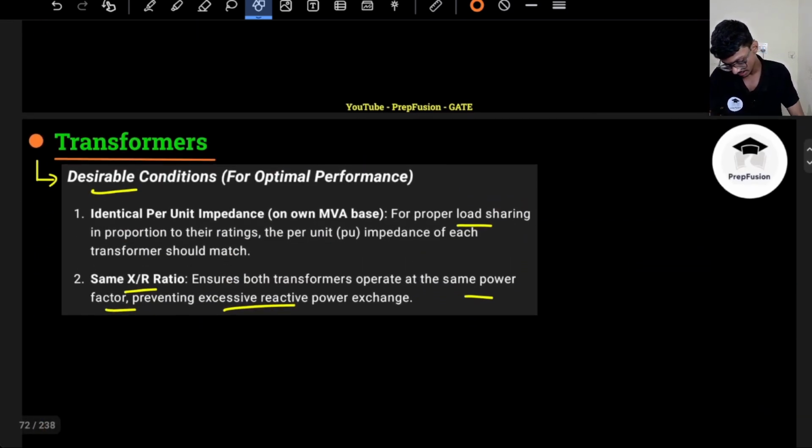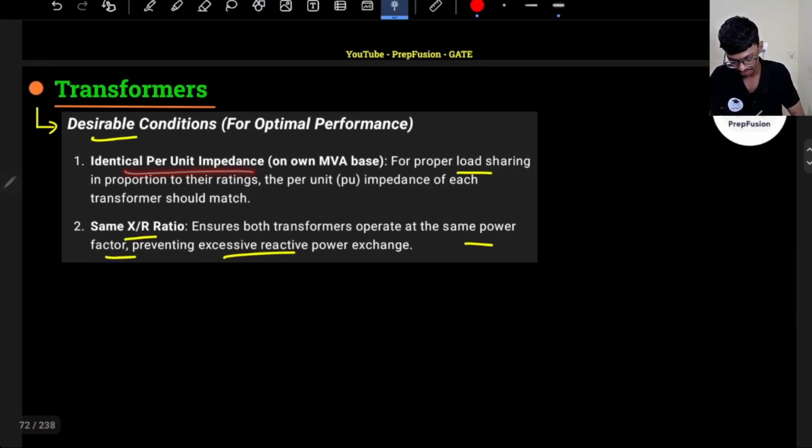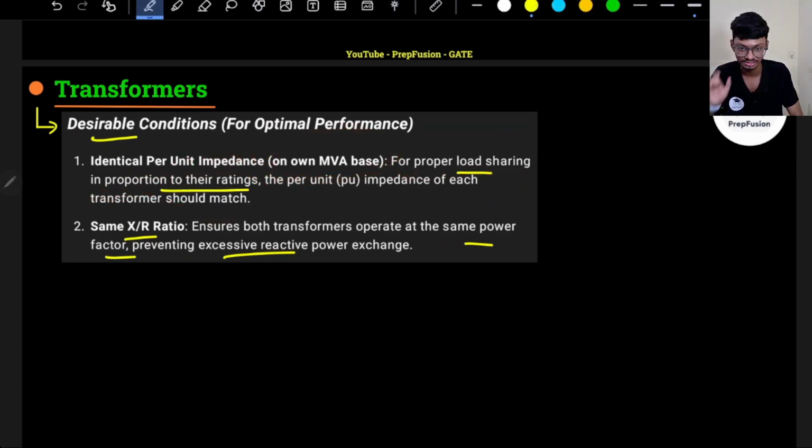You see identical per unit impedance, on their own MVA base, for proper load sharing proportional to their rating. Now I hope this sentence is clear, why they should share the load proportional to their rating.